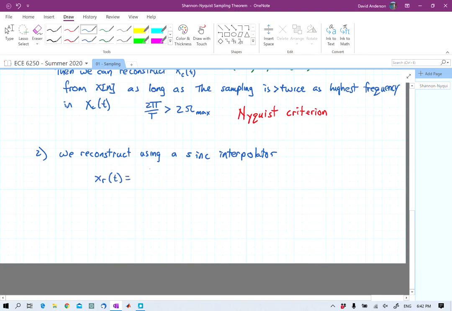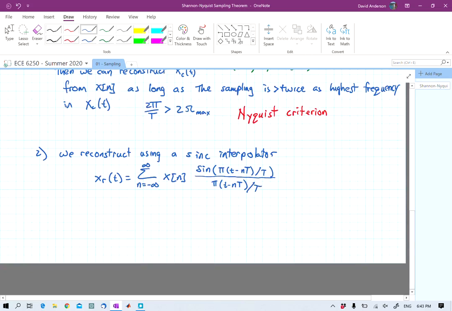That means x r of t is going to be equal to the sum over all samples, where we take each sample and multiply it by a sinc function, which is essentially this, pi of t minus nT, and we're going to shift that sinc function so it lines up to the right point in time. That's the t minus nT, and then the argument is down here below.